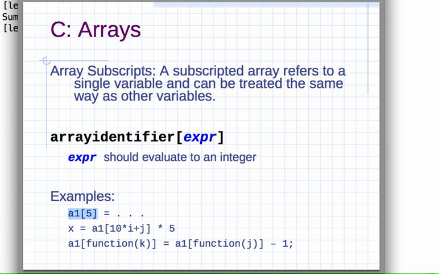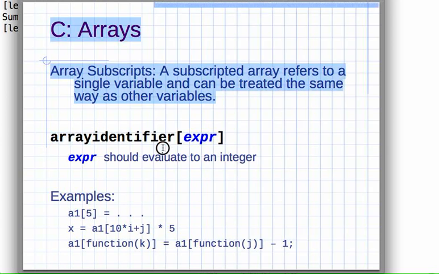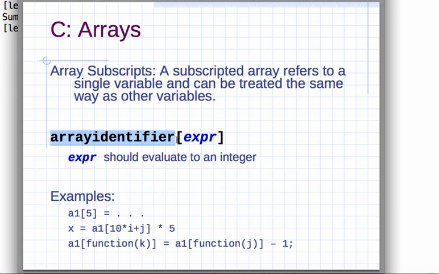Okay, so the general idea is you use whatever array identifier you use, same rules as any other C identifier for names. And then in square brackets, you can use just a single variable like i, or a literal constant like 6 or 5, or you can use an expression. For example, you can use 10 times i plus j.